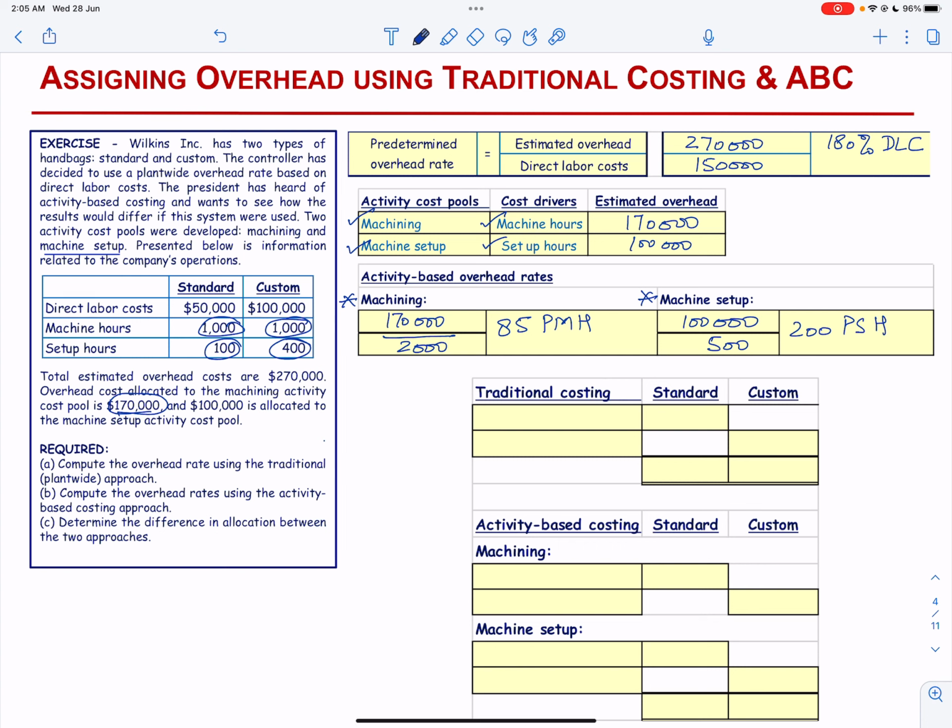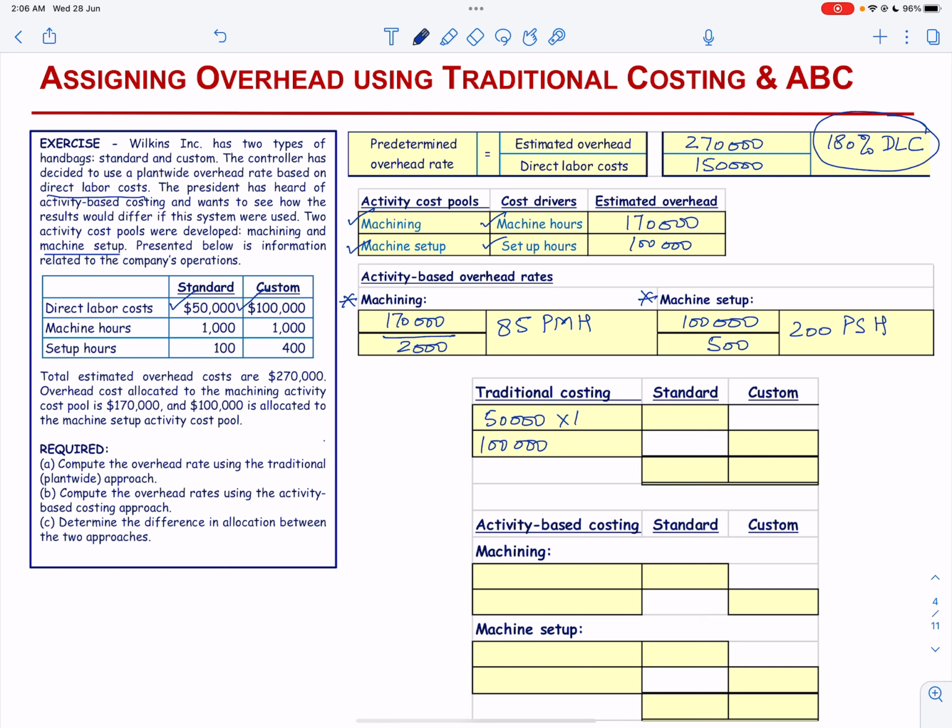Now if we follow the traditional costing, we are going to use the direct labor cost, and the direct labor cost is 50,000 for standard and 100,000 for the custom bag. So we have the 50,000 and 100,000, and we are going to apply the direct labor cost rate that was 180%.